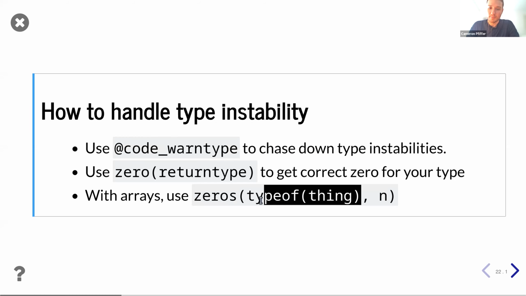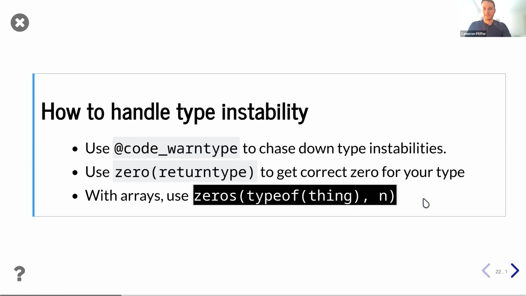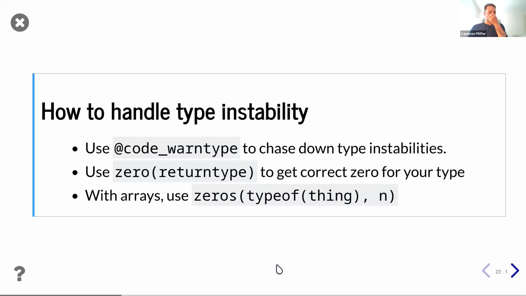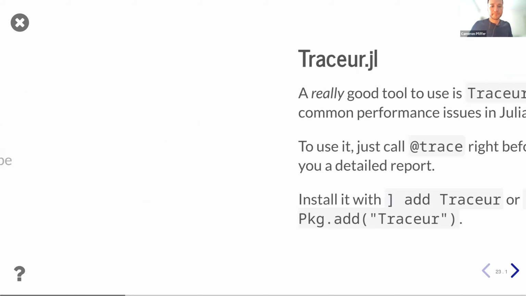This will pre-allocate for whatever the type of your input is. So if thing is an integer, this will give you an integer array rather than a Float64 array. Okay, so just make sure that whatever you're returning is the type of the thing that you actually want it to be.